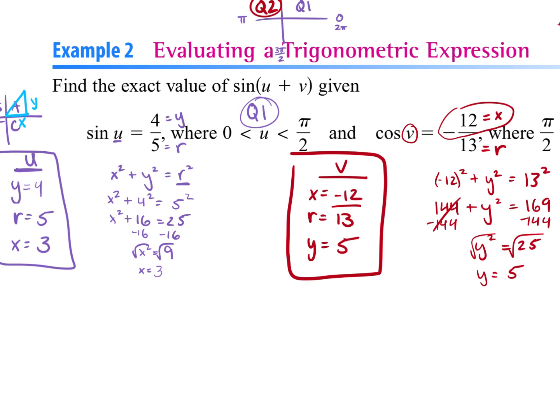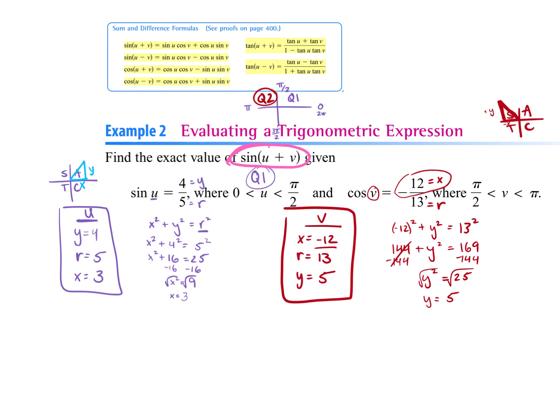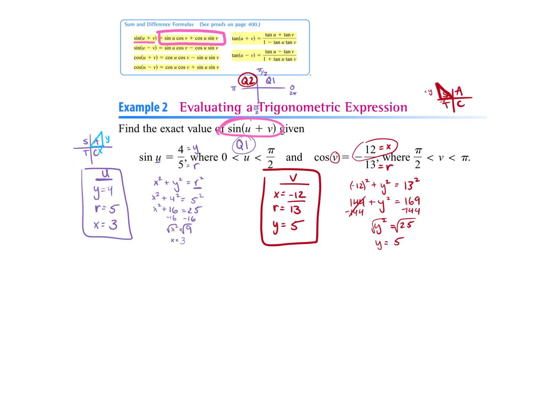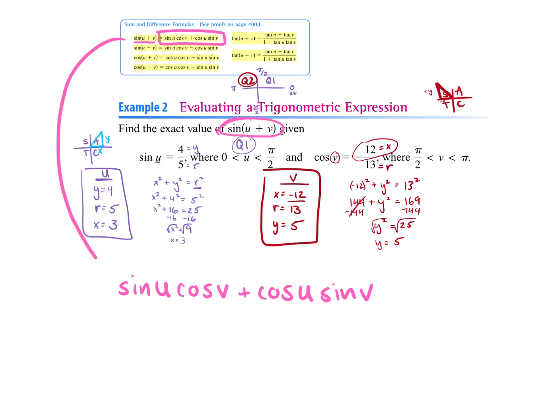Now going back to the question, it says find the exact value of sine of U plus V. So we're going to use our sum and difference formulas. We're looking for the one that's sine of U plus V, so that would be this one. So I'm going to write it out. We have sine of U times cosine of V plus cosine of U times sine of V. So we got that from our sum and difference formula.